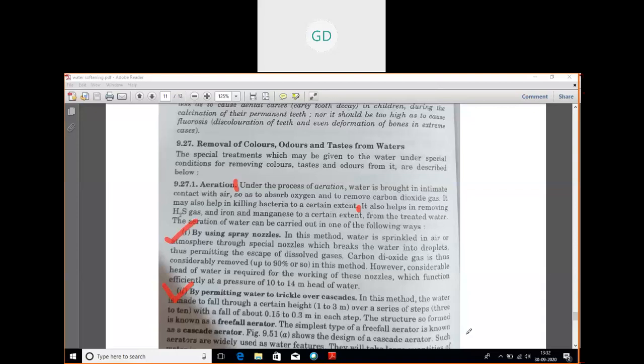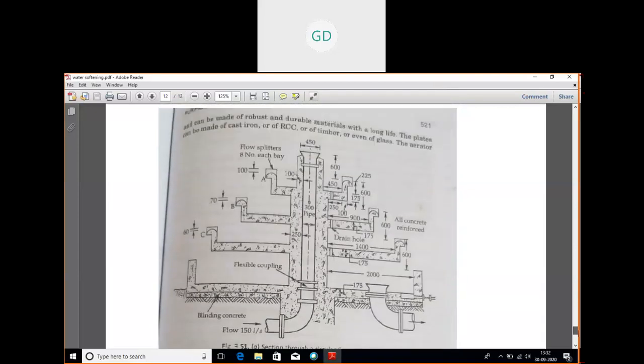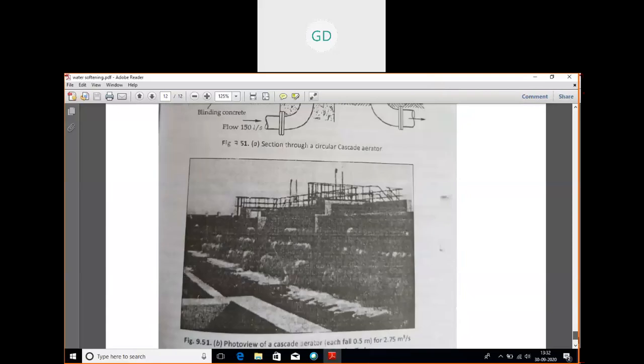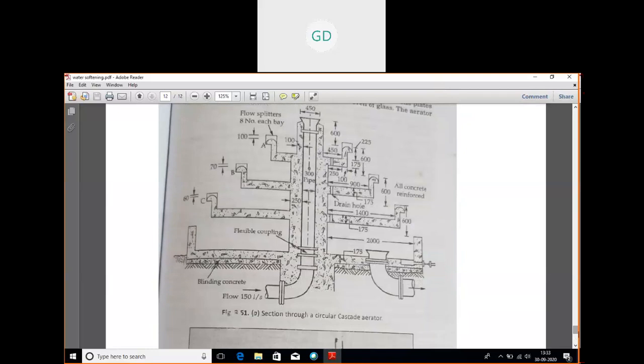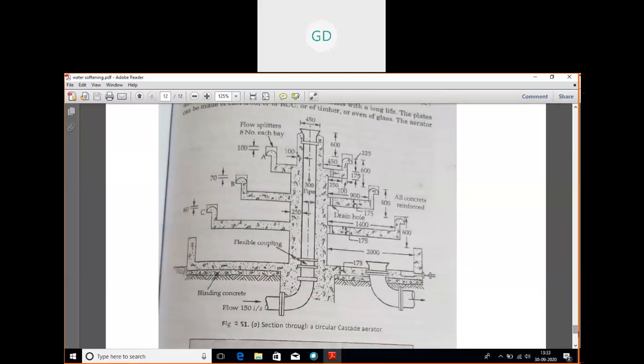Number two is by permitting water to trickle over cascades. What is this process? First I will show you one diagram. This is an original photo of a cascade aerator, and this is a sectional view of it.